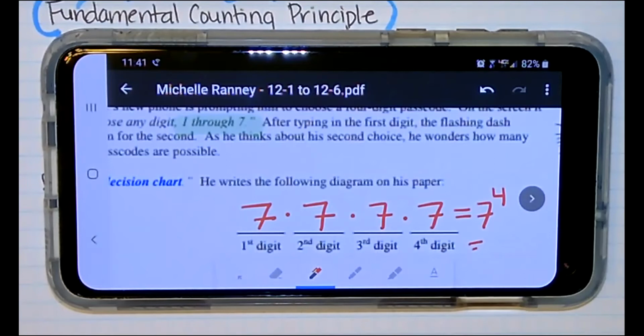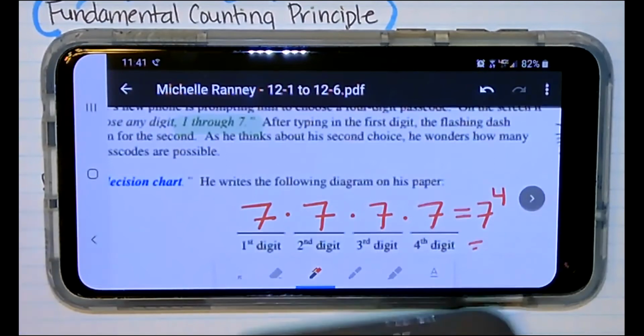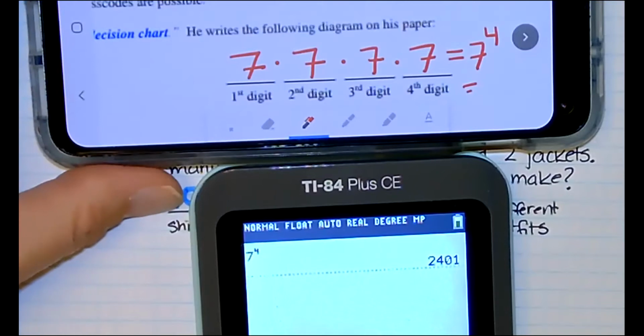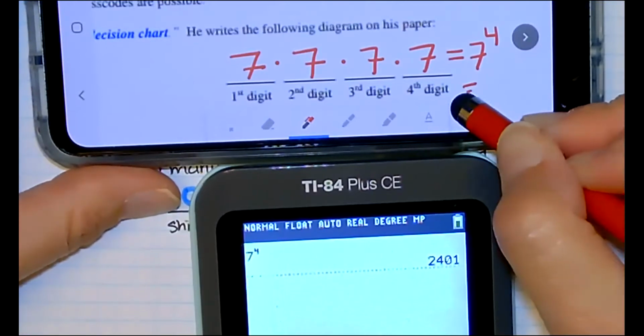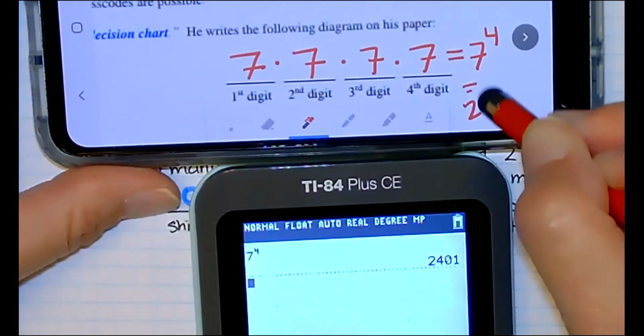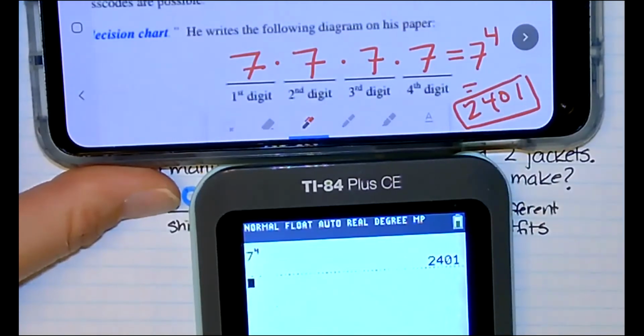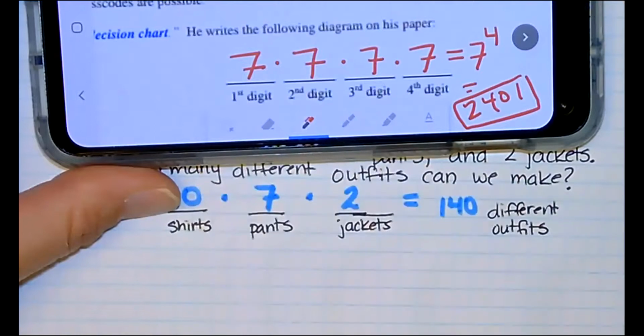And if I put 7 to the 4th in my calculator, 7 raised to the 4th, I end up with 2,401. So I get 2,401 different passcodes.